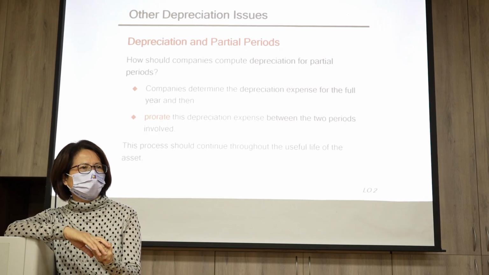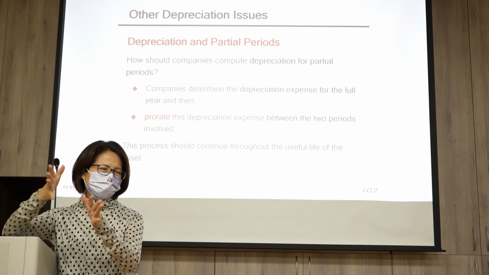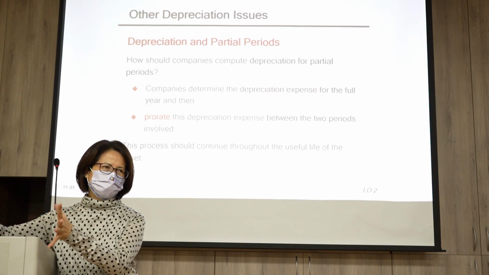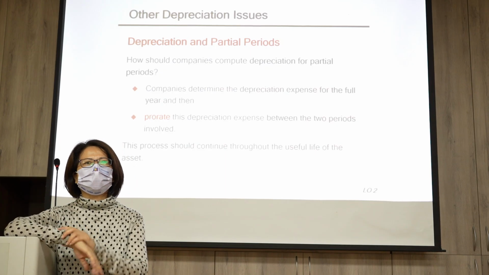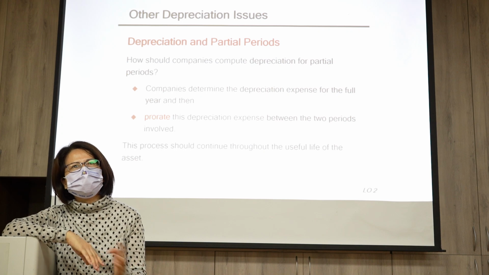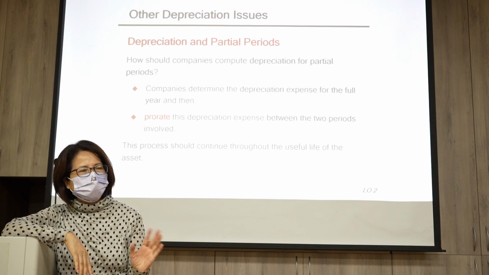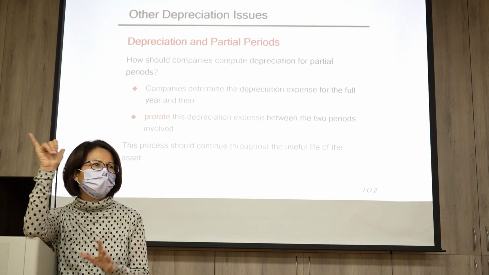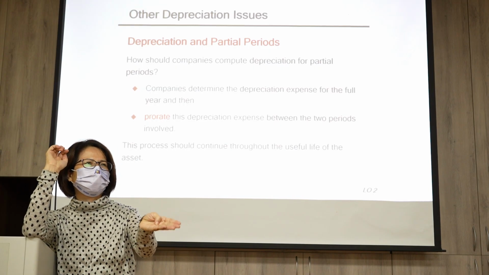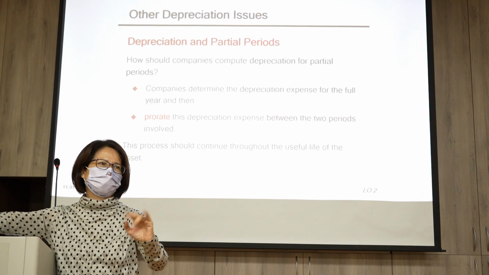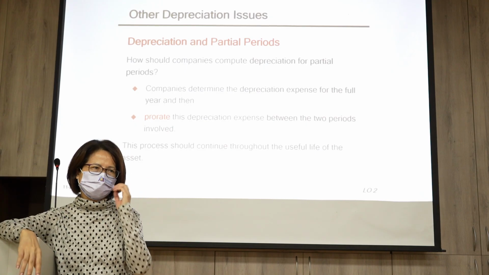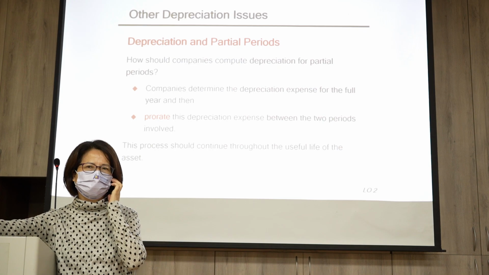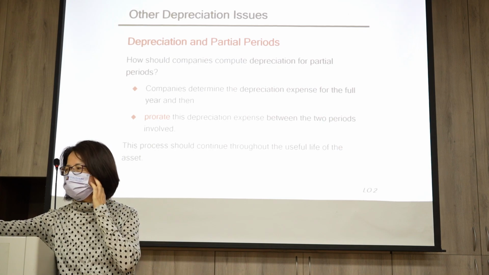And after that, because it will be used for one full year. If the useful life is 5 years, you will depreciate it for 6 periods. Yeah, 6 months for the first year, and then 6 months in the last year. Yeah, that's it.